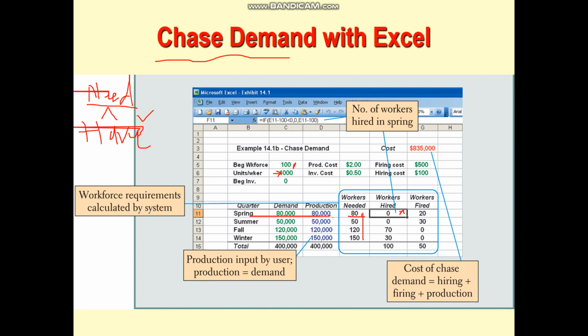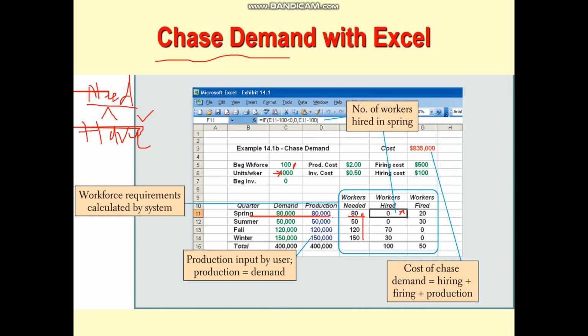If E11 is smaller than C5, it will equal 0 if it's true. If not, it will equal E11 minus C5. Okay.